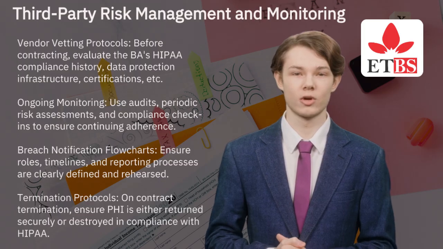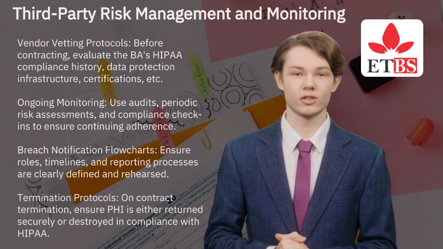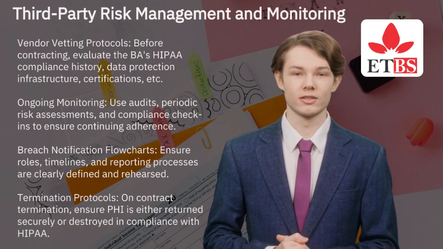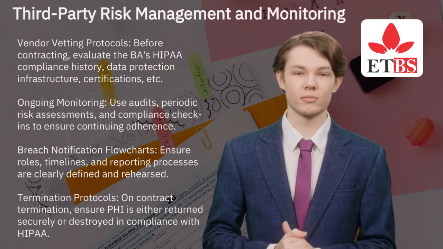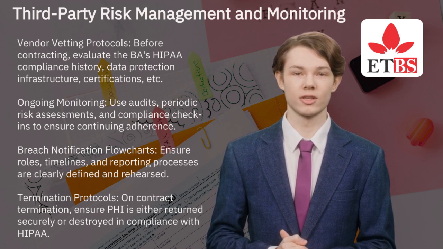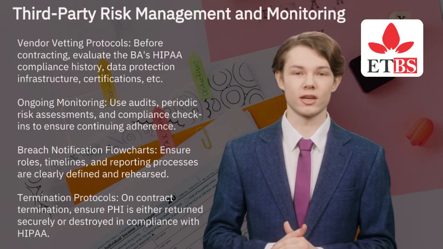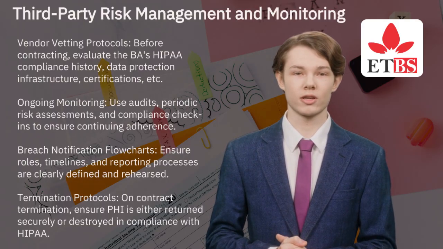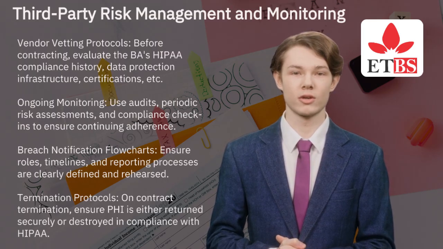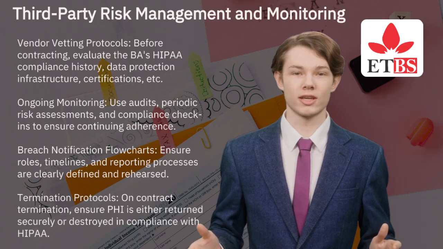5. Third-party risk management and monitoring. To maintain compliance and ensure data protection beyond the BAA signature, organizations must establish vendor vetting protocols. Before contracting, evaluate the BA's HIPAA compliance history, data protection infrastructure, certifications, etc. Ongoing monitoring: use audits, periodic risk assessments, and compliance check-ins to ensure continuing adherence.